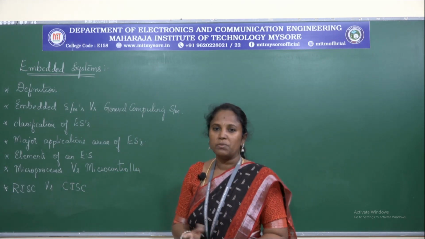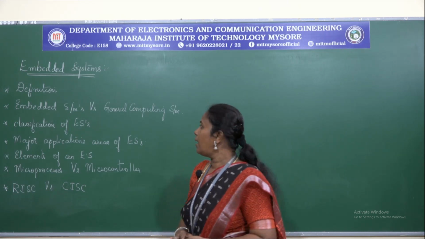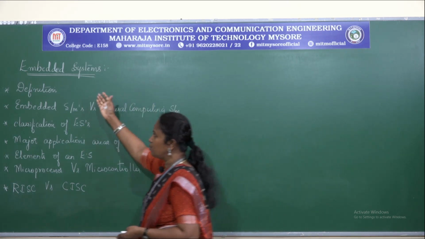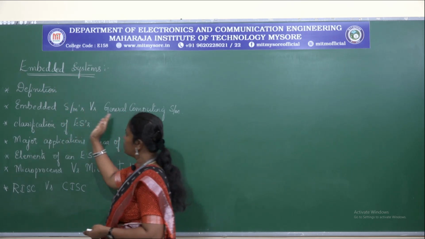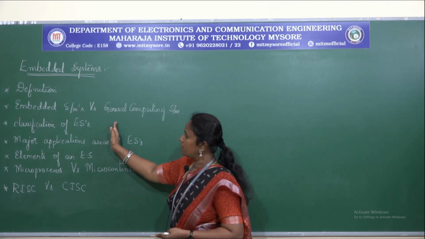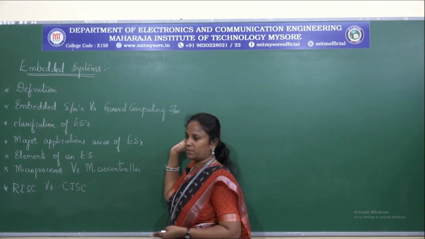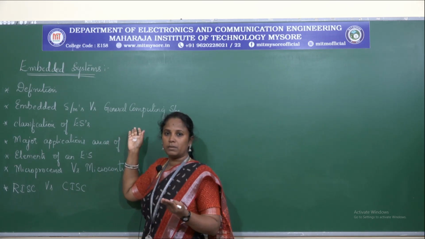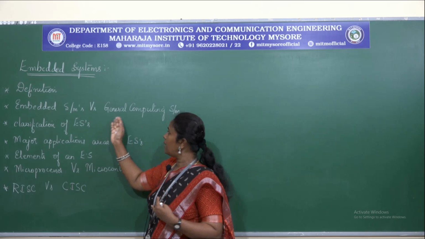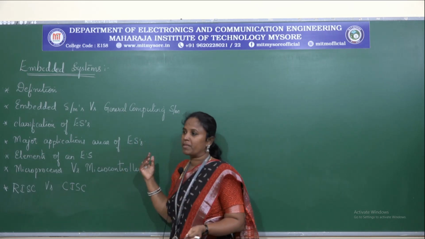That is, what are the main components which are present, and after coming to know what exactly defines your embedded system, next we are going to study embedded system versus general computing system. That means how your embedded system is different from other general computing systems which are available.